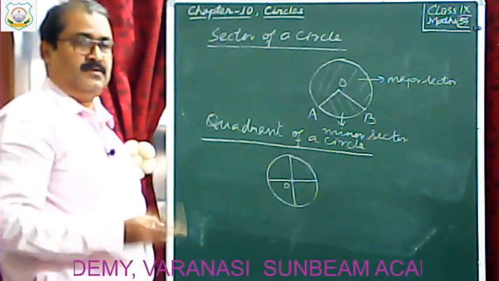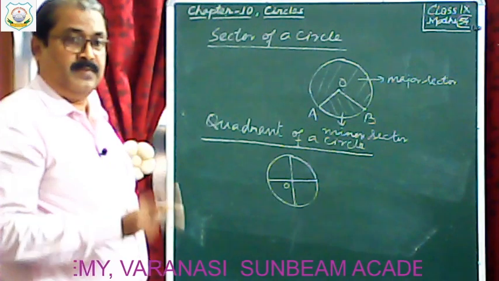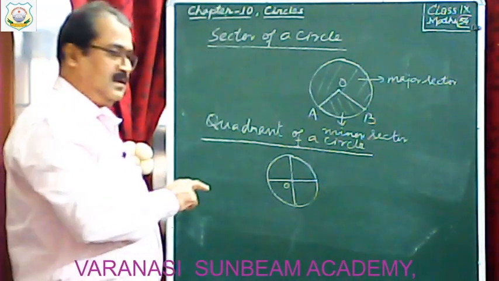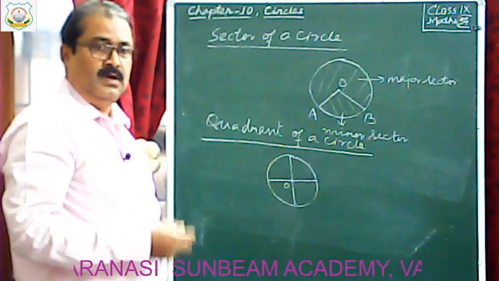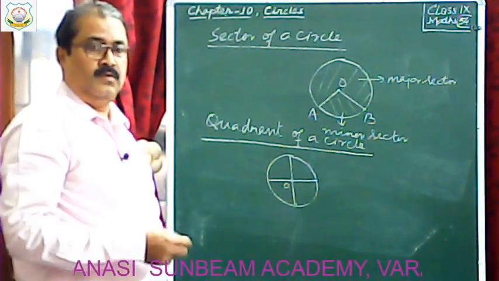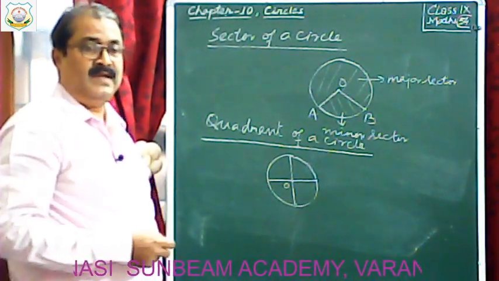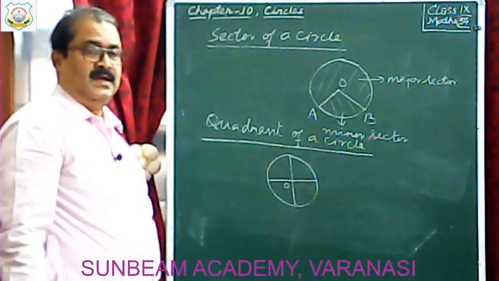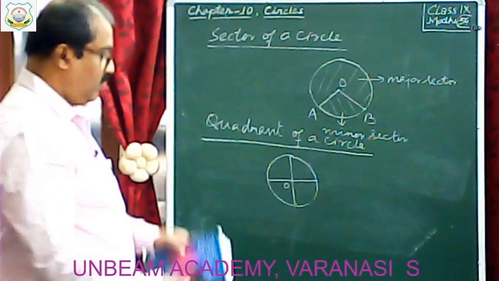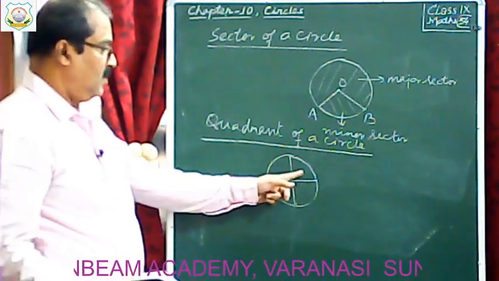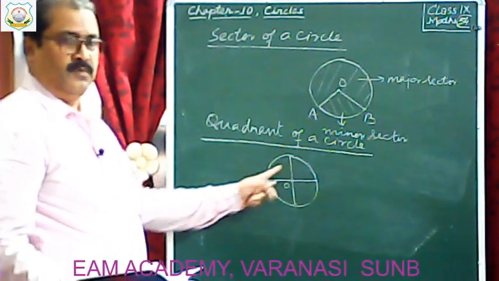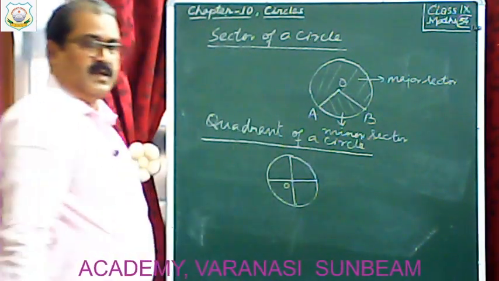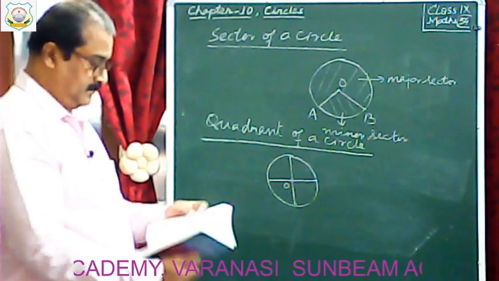If two diameters of a circle are perpendicular to each other, then the circle is divided into 4 equal regions, or 4 equal sectors, known as quadrants. There are 4 parts, so 1/4 of a circle is known as a quadrant.